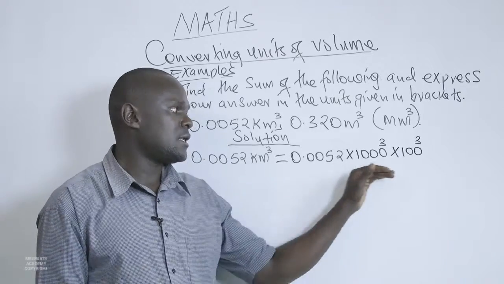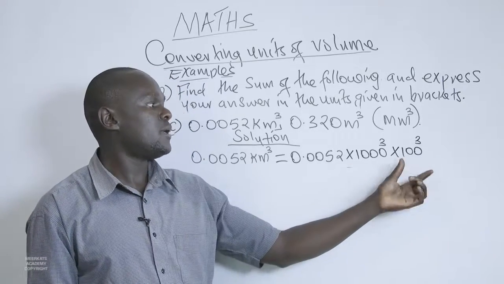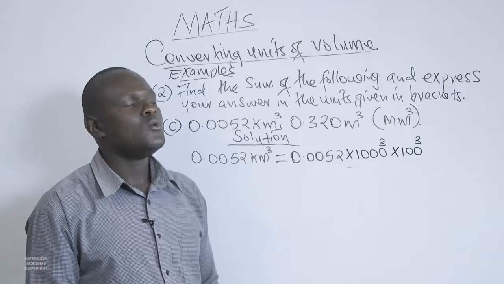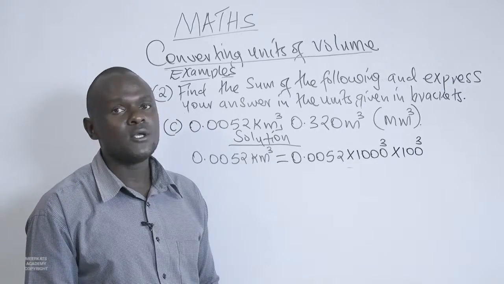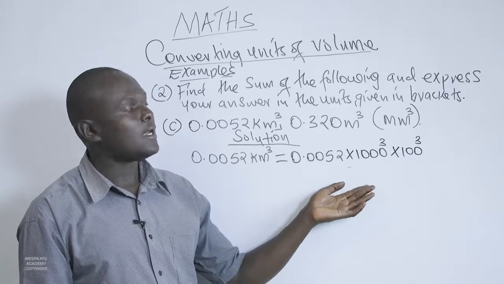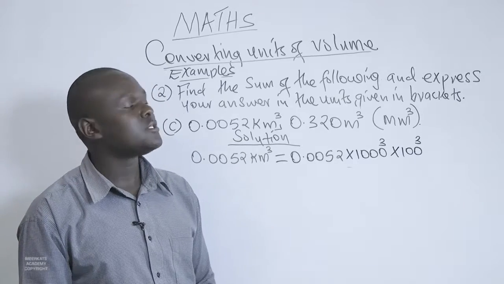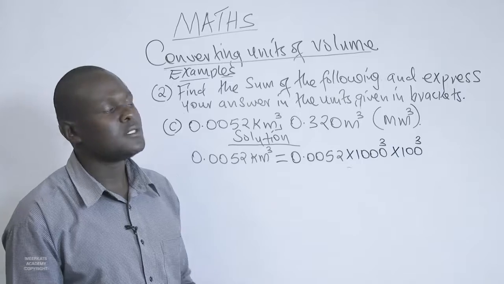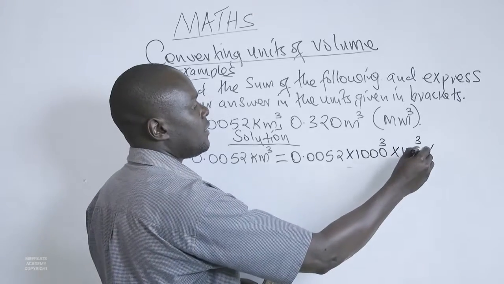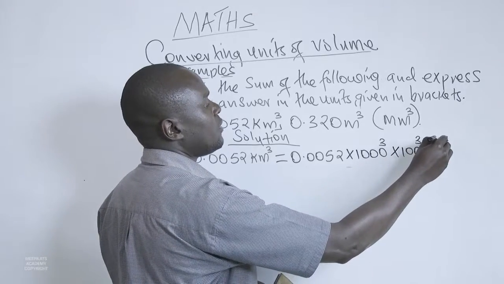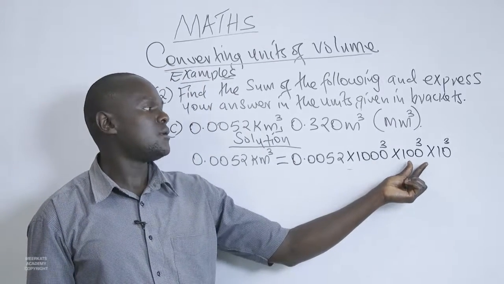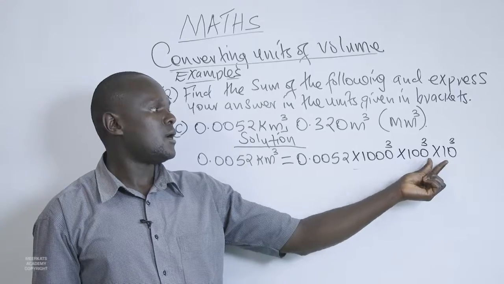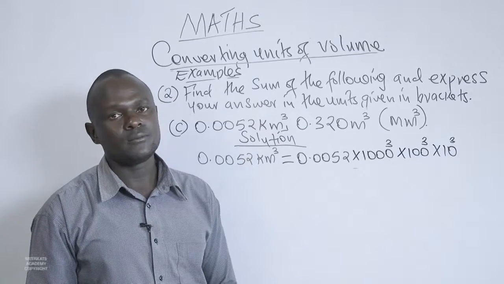So when we multiply with these two factors, we will have converted it from cubic kilometers to cubic centimeters. And lastly, to convert from cubic centimeters to cubic millimeters, we multiply by a factor of 10 raised to power 3. This is 1,000,000,000, this is 1,000,000, and this is 1,000.